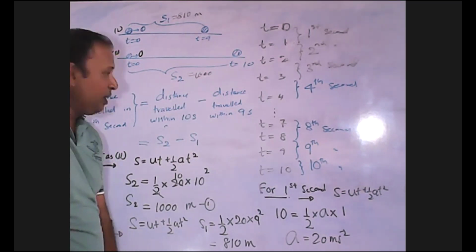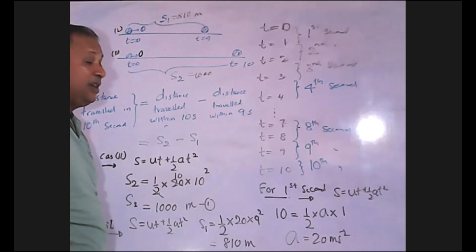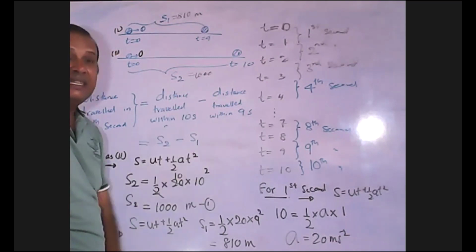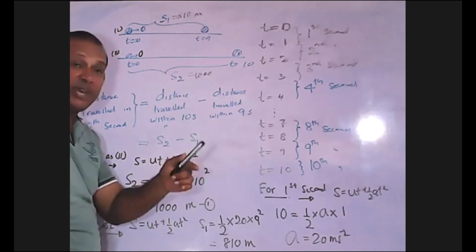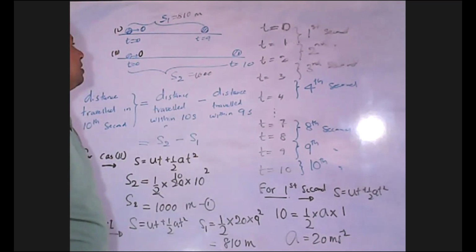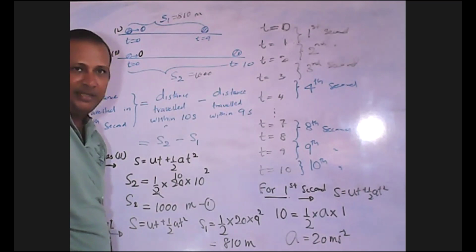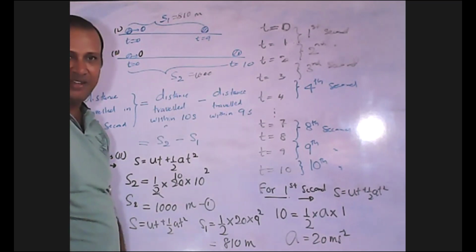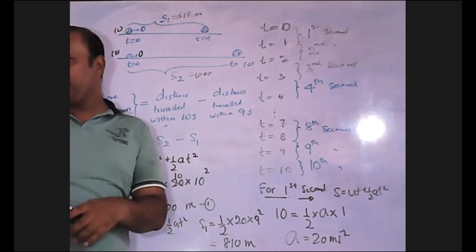So the distance traveled in the 10th second is equal to 190 meters. Did you get my point?